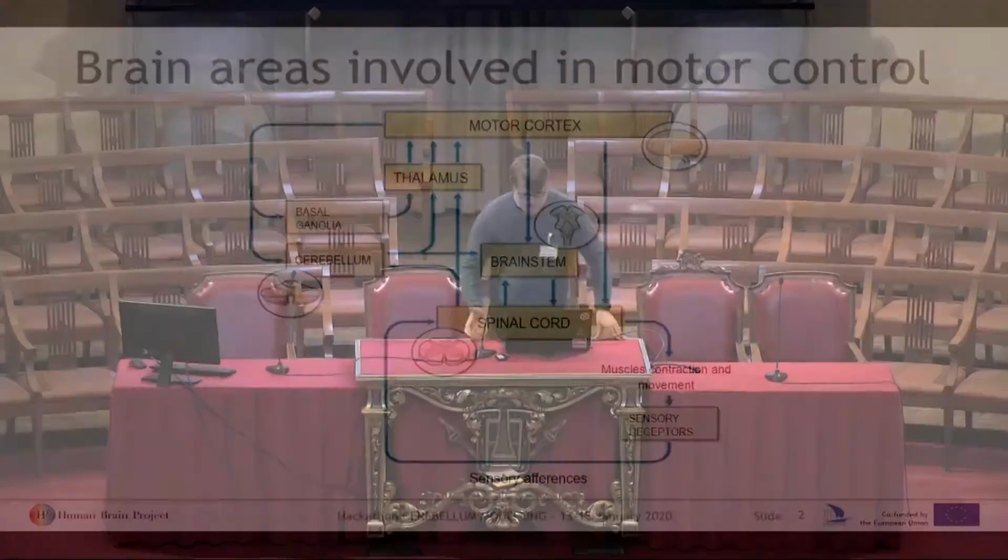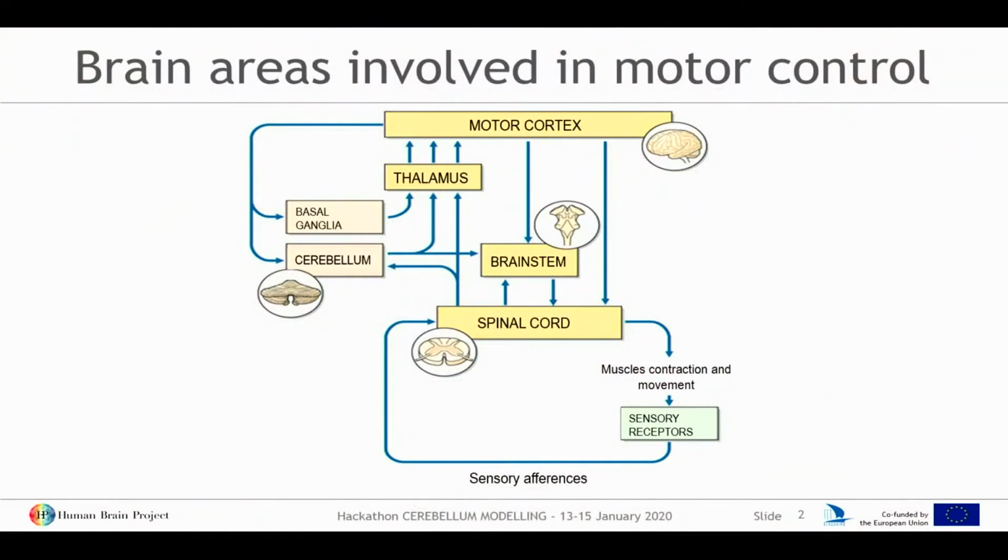But I will start with the general structure of motor control. Motor control has a modular and hierarchical structure, and we have different brain areas that cooperate and are connected together to generate motor learning, motor control, all the things that we have seen in the previous presentation.